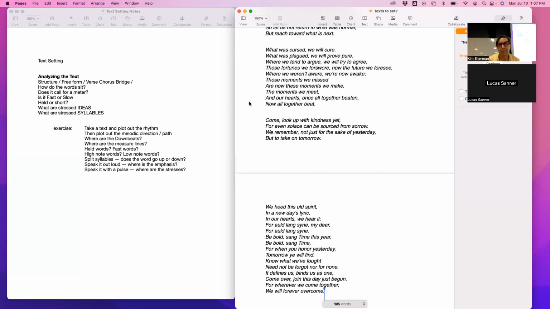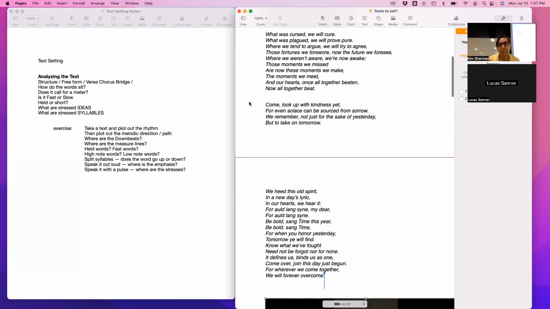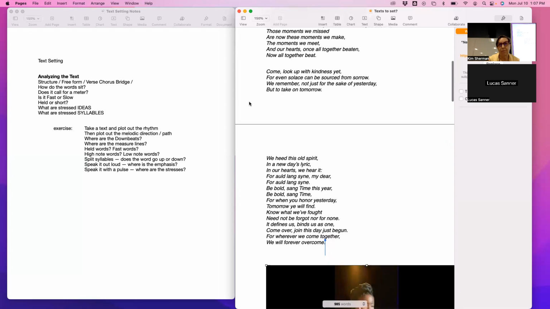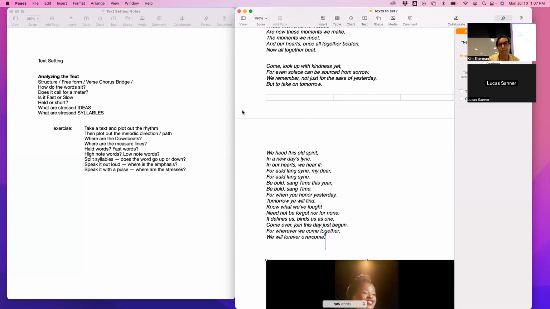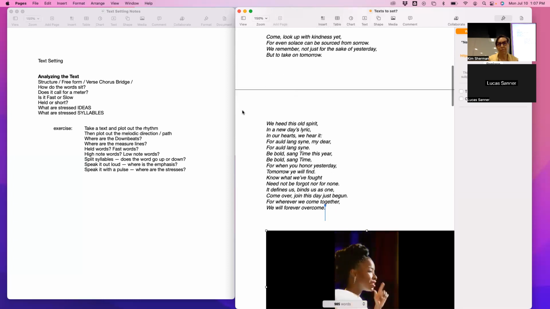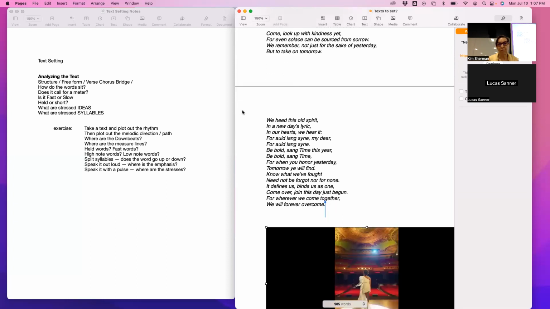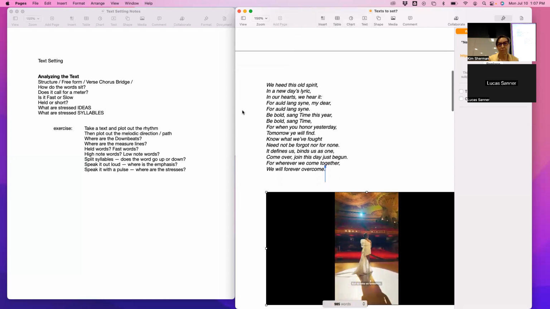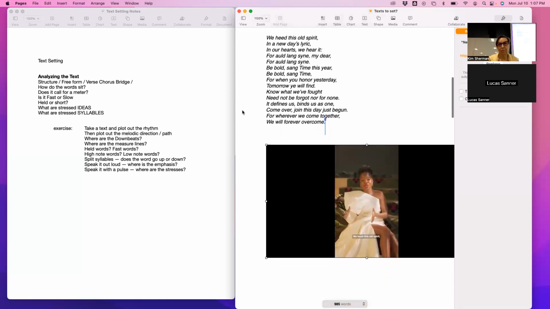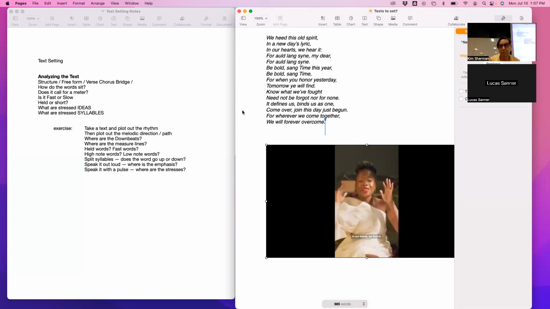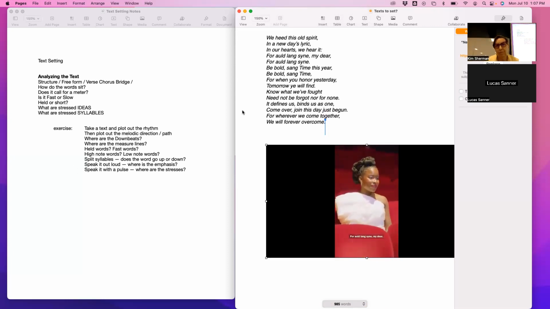And our hearts, once all together beaten, now all together beat. Come, look up with kindness yet, for even solace can be sourced from sorrow. We remember not just for the sake of yesterday, but to take on tomorrow. We heed this old spirit in a new day's lyric in our hearts. We hear it for Auld Lang Syne, my dear, for Auld Lang Syne.